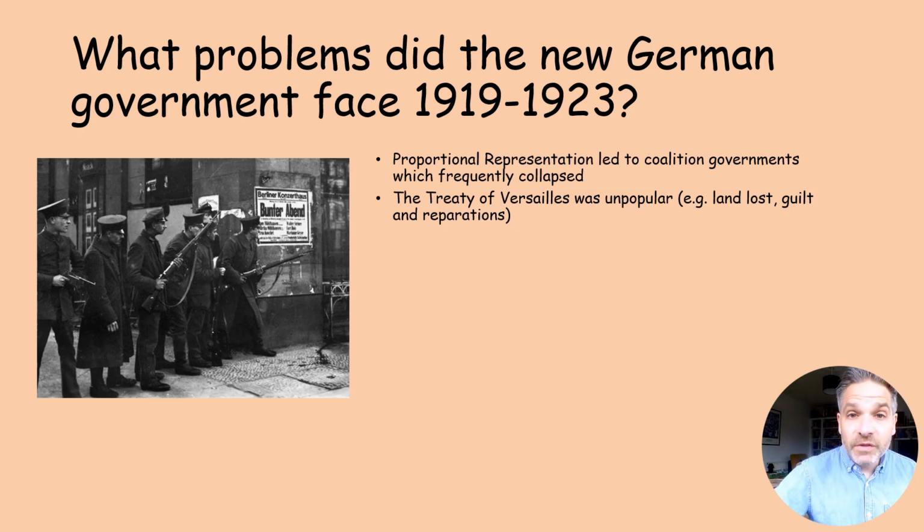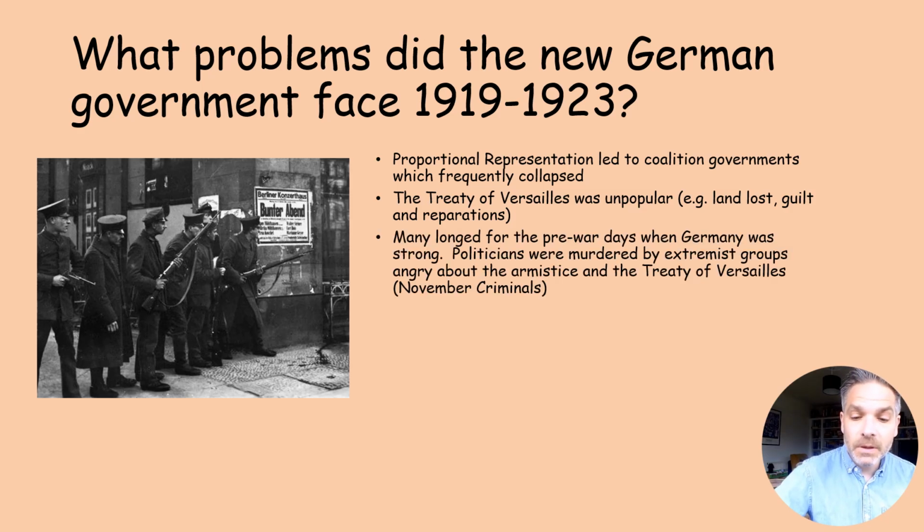Of course, the German government is forced to sign the Treaty of Versailles. It is deeply unpopular amongst huge numbers of the German people. They feel it's very unfair. They lose land. They are forced to acknowledge complete guilt for the war, and there is a huge reparations bill of 6.6 billion pounds sterling set, which causes many Germans a great deal of resentment against their government and resentment against the foreign powers that have forced this diktat upon them.